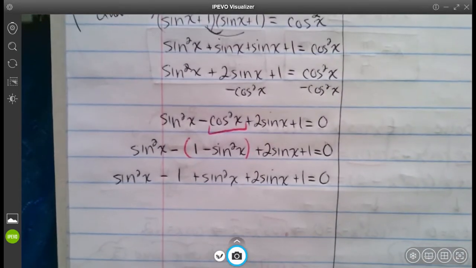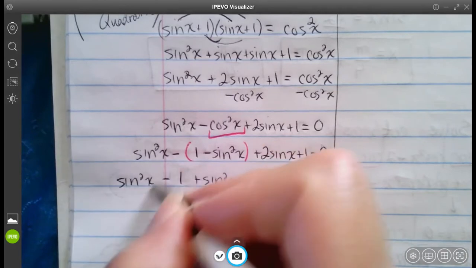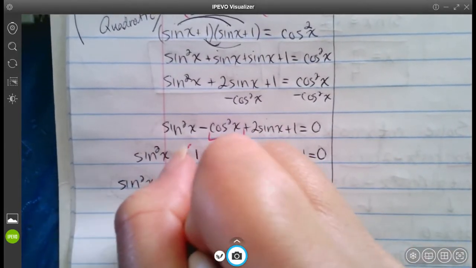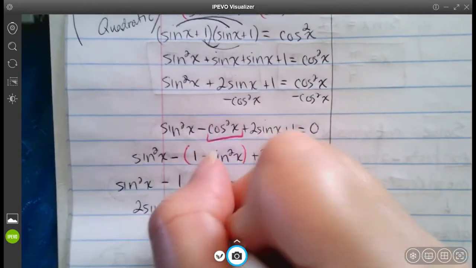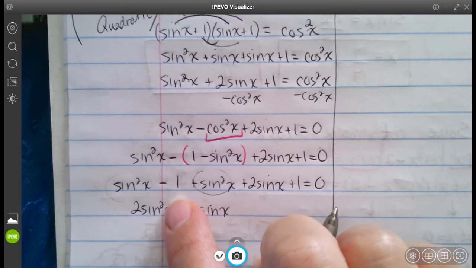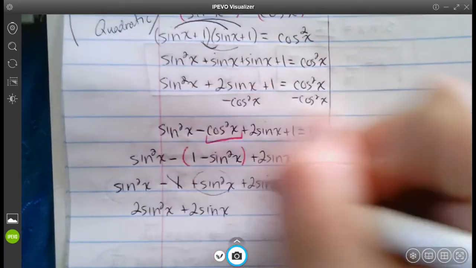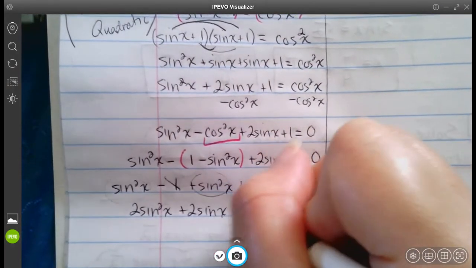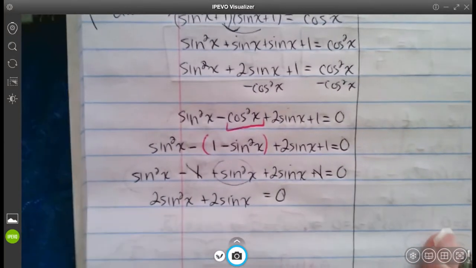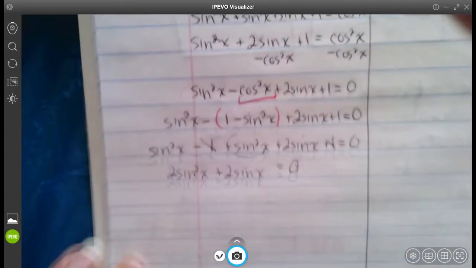Okay, and then we're going to combine like terms. So I have sine squared x, which is 2 sine squared x's plus 2 sine of x, like this one. And then we have negative 1 and 1 is 0, so this is just equal to 0. Okay, we're getting there. You can see that we can maybe factor something here. So let's try that.